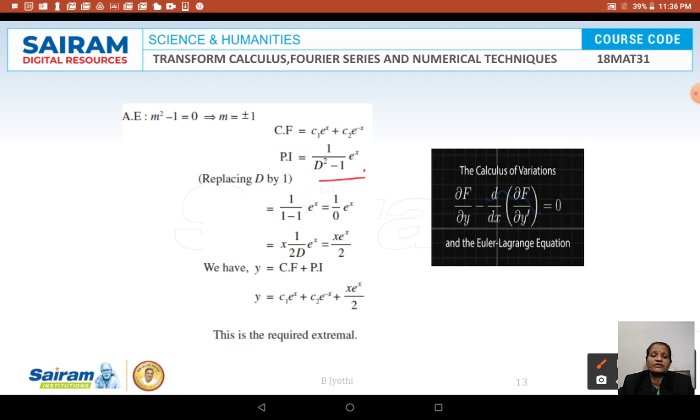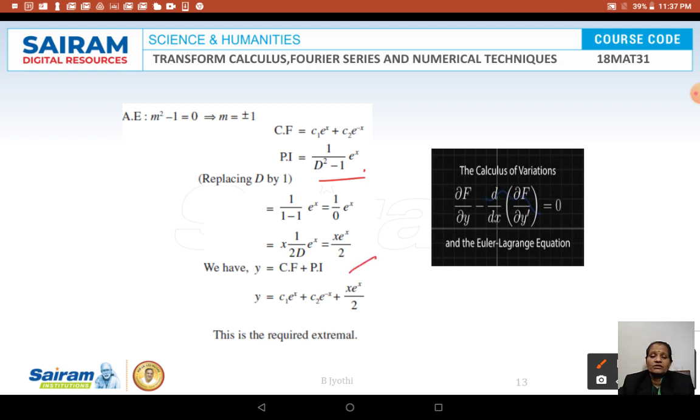The coefficient of x is 1 here, so when we substitute, the denominator becomes 0. So we multiply by x in the numerator and differentiate the denominator. Then we get x e power x divided by 2, because e power x divided by D means integration. So when we integrate, we get x e power x divided by 2.